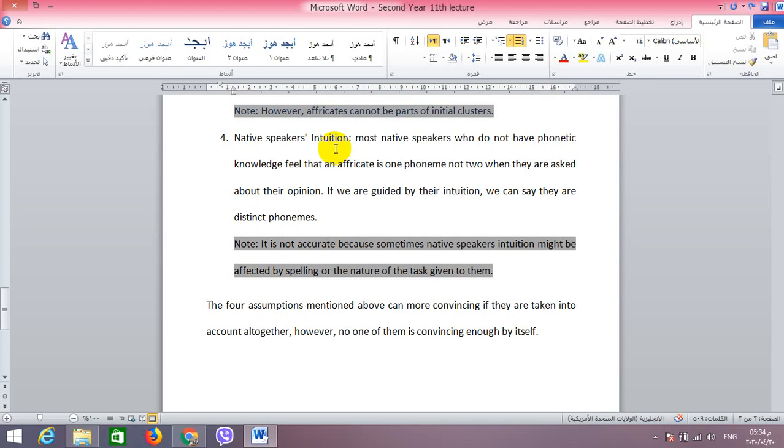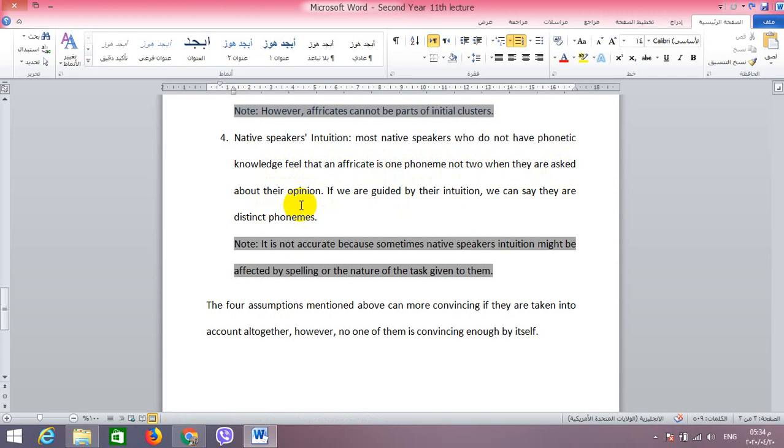If he says they are made up of two phonemes, let's go with that and say they are two distinct phonemes. So intuition, most native speakers who do not have phonetic knowledge, they are not trained, we call them naive speakers, feel that an affricate is one phoneme, not two, when they are asked about their opinion.